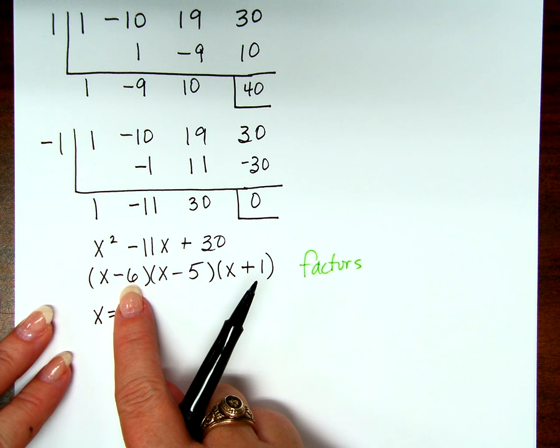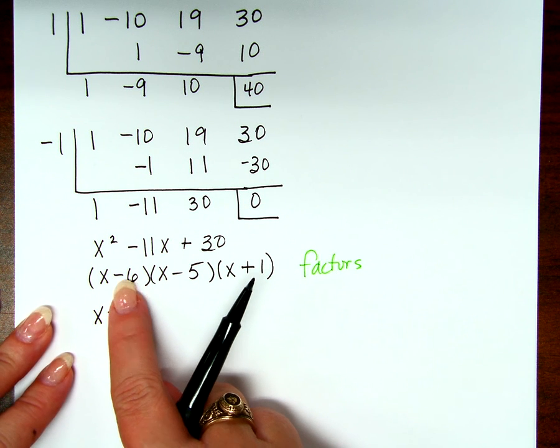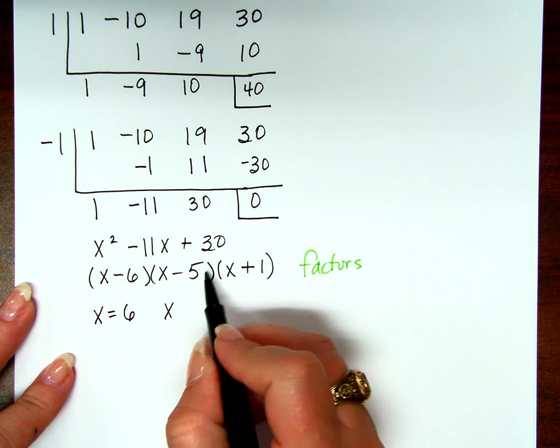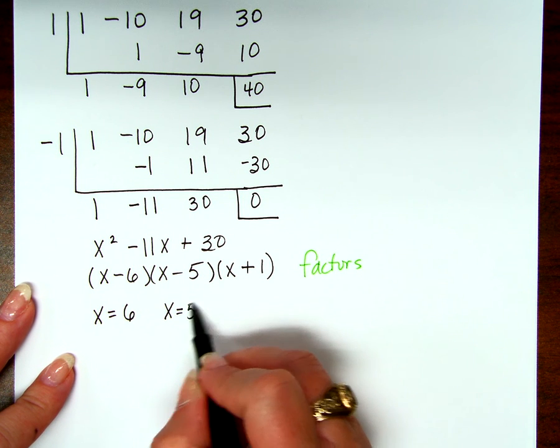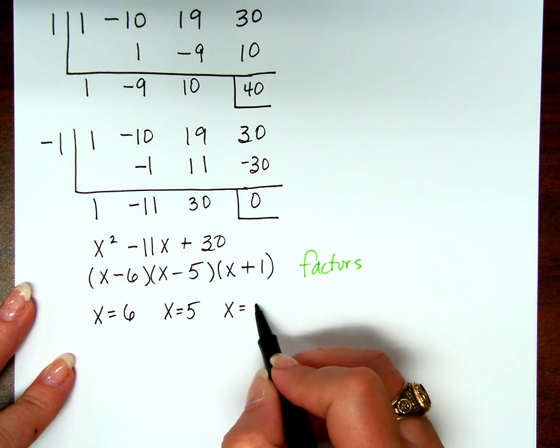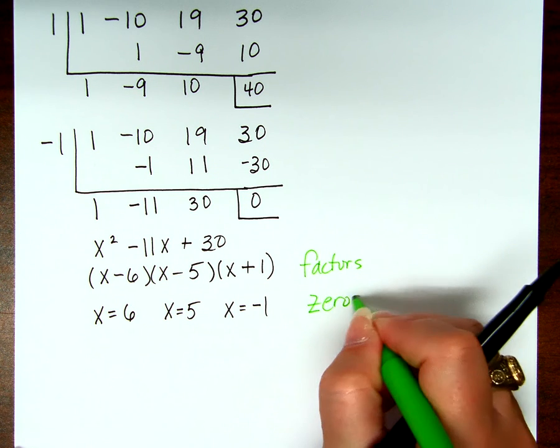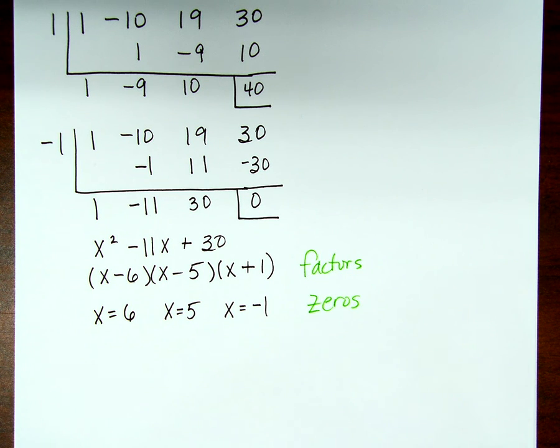I literally set it equal to 0, right? So if I added 6 on both sides, what would I get? 6. If I added 5 on both sides, what would I get? If I subtracted 1 on both sides, what would I get? These are my zeros. Wasn't that so much faster? Wouldn't it be nice if there was a faster way?